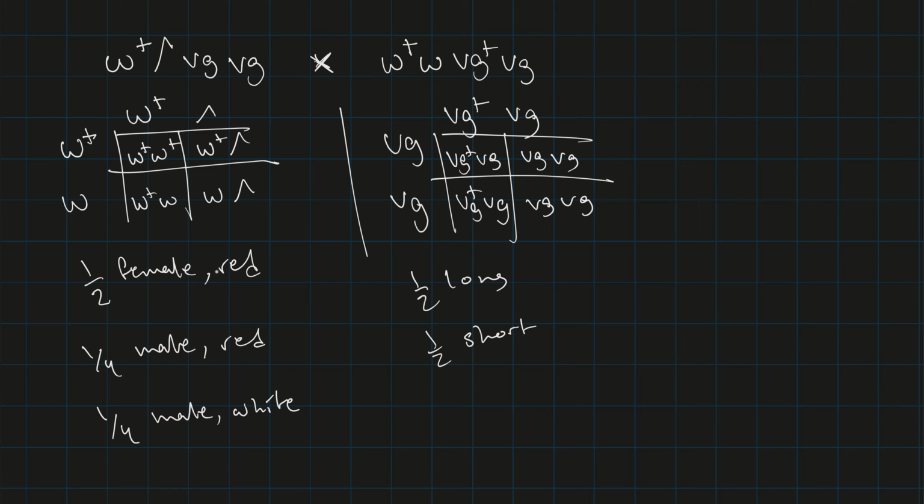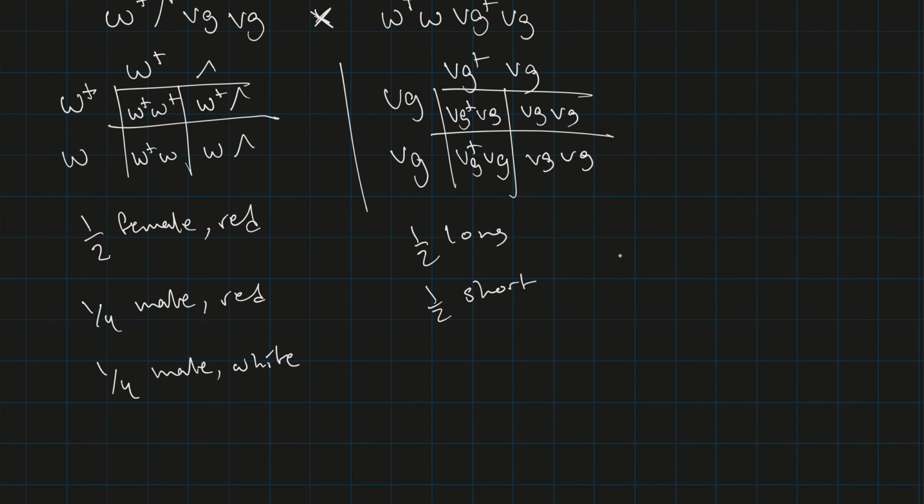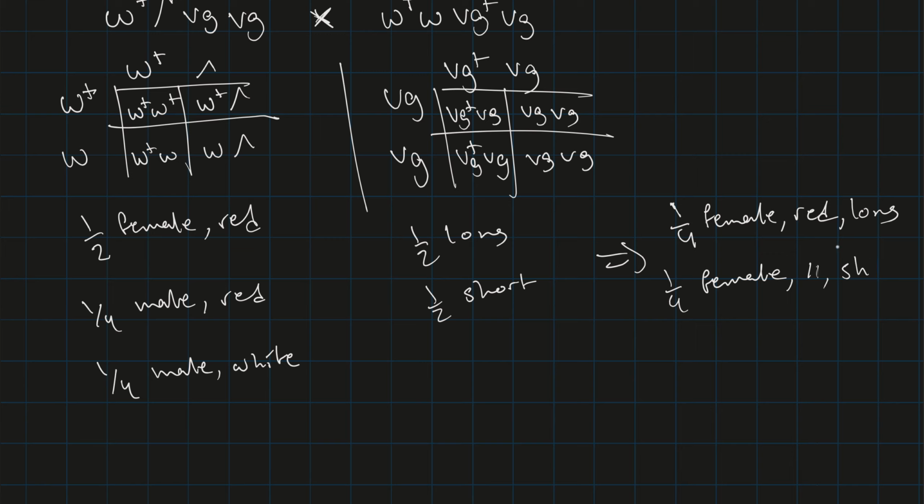And so now if we multiply these out, essentially if I do a branch diagram, your final results are going to be 1/2 female red times 1/2 long. So we're going to have 1/4 female red and then long. You're going to have another 1/4 is going to be female, also red, but short, or vestigial winged, I guess.